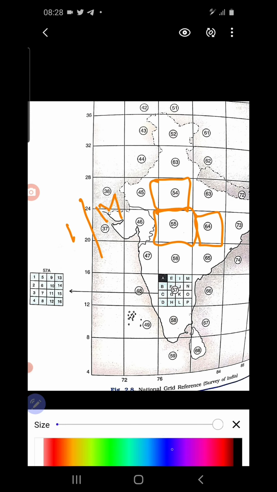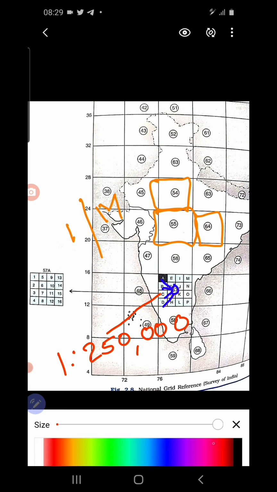Now you see, for example, this is another million scale. 57 is a million scale. This million scale is divided into 16. You can see A, what is 16? 57A, 57B, 57C, 57D. It goes like this. So here the metric scale adopted is 1 is to 250,000.